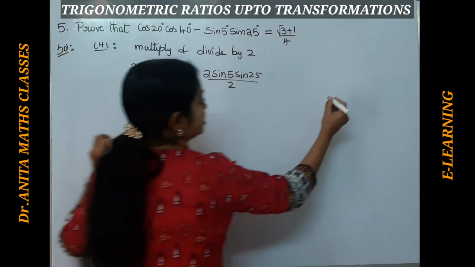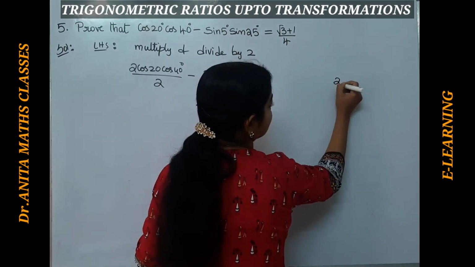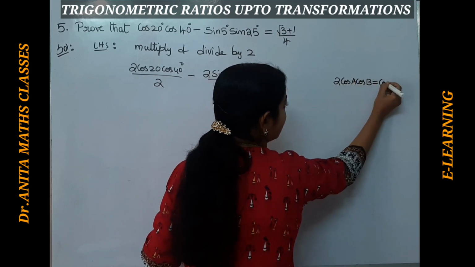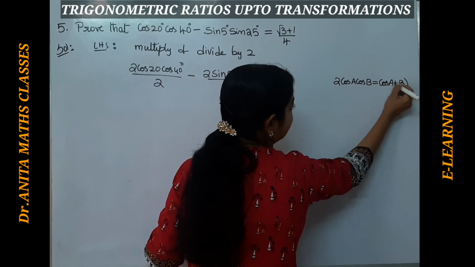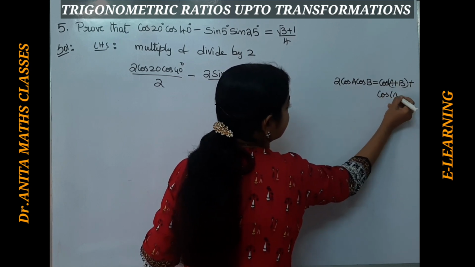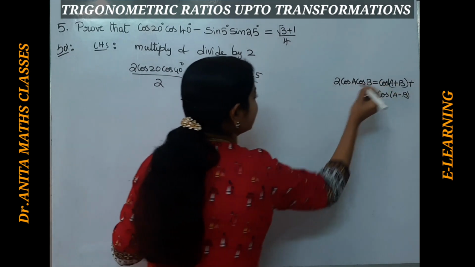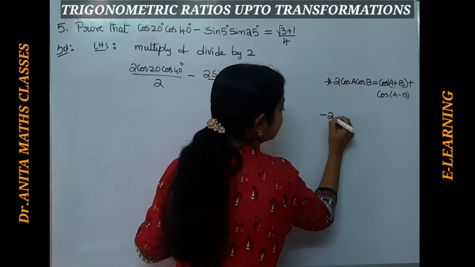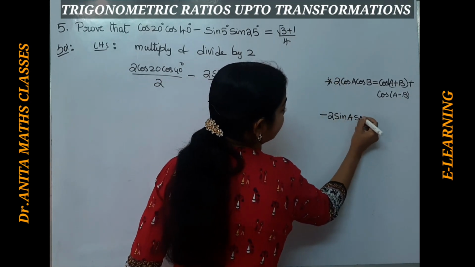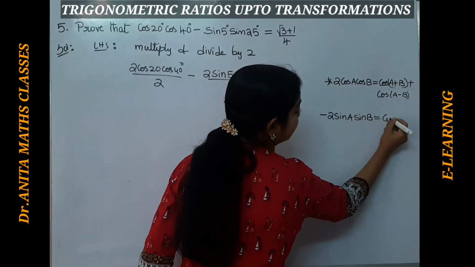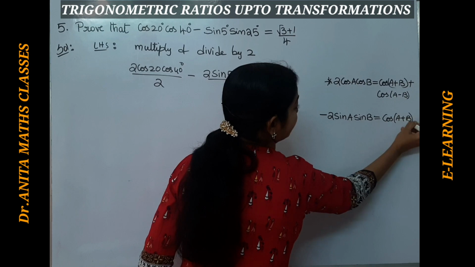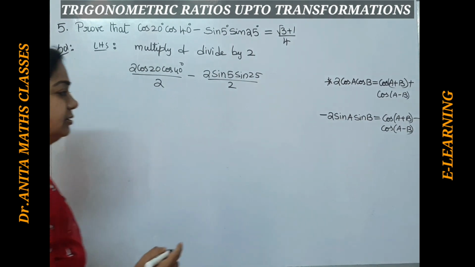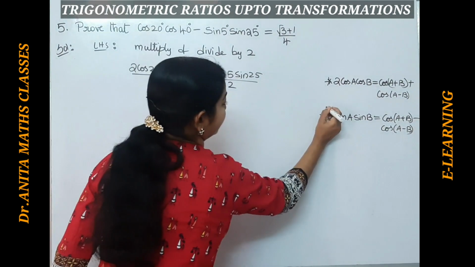For cos we have 2 cos A cos B is equal to cos of A plus B plus cos of A minus B. So for the cos functions we have cos only, whereas for the sine we have minus 2 sin A sin B, which is cos of A plus B minus cos of A minus B. So those two formulae we will apply here.